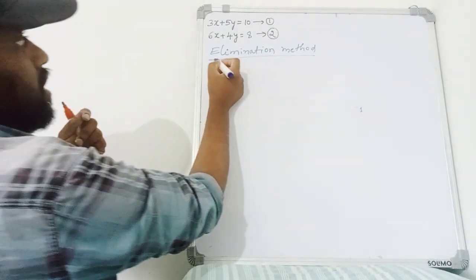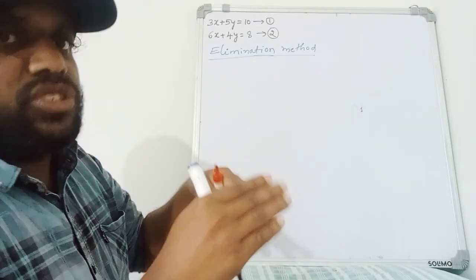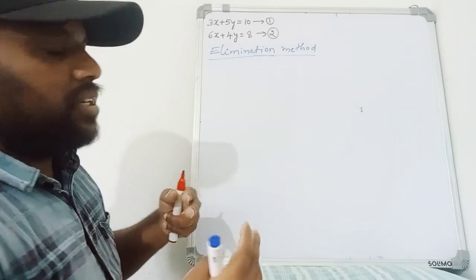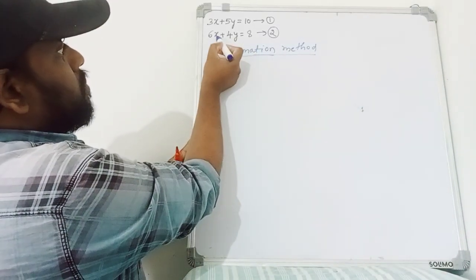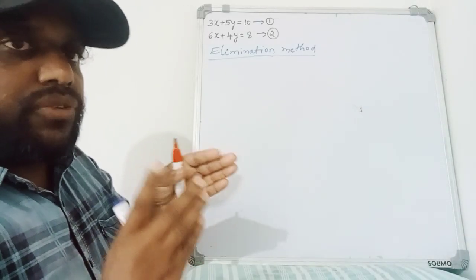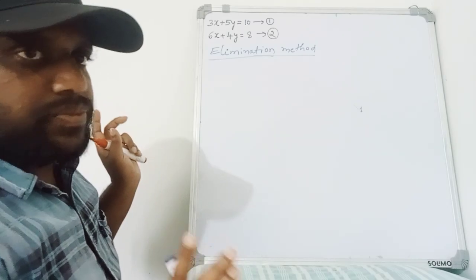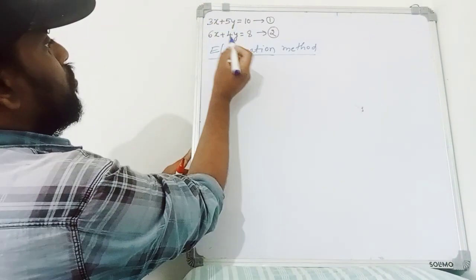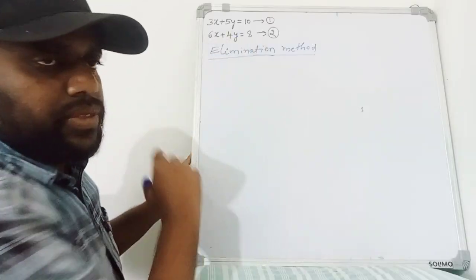Elimination method means, here the name is there, no? Elimination means we have to remove something. Here, what is that something? See, the first step is, here two variables x and y, right? We have to find the value of x by removing any one variable. First we have to remove any one variable, either x or y.